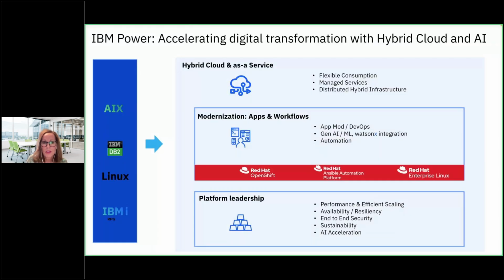So as I mentioned, we have a number of database technologies that run on our platform. And what we've been focused on for several years now is how we help our clients, and more broadly the market in general, with their digital transformation. Not only with hybrid cloud that I mentioned before, but also with AI.